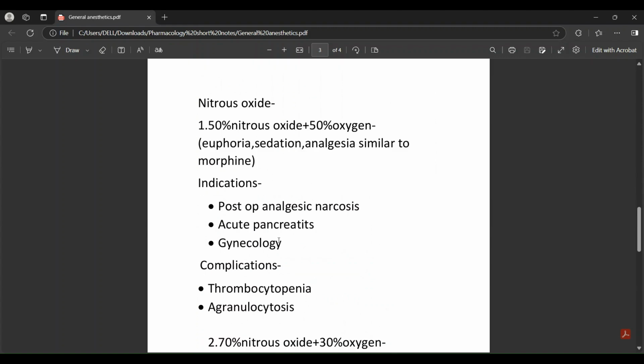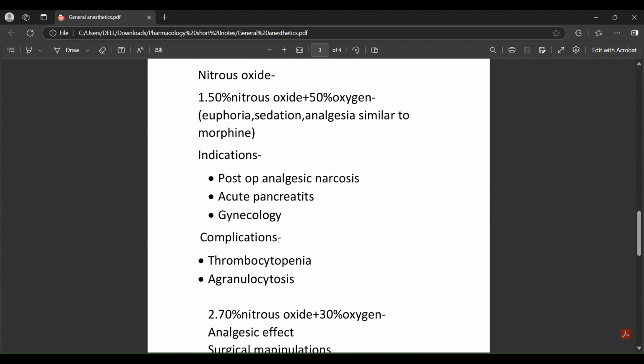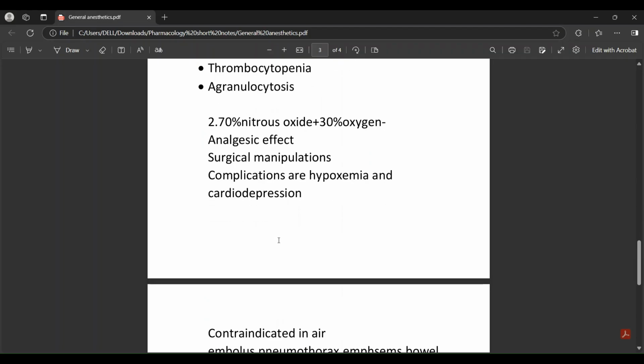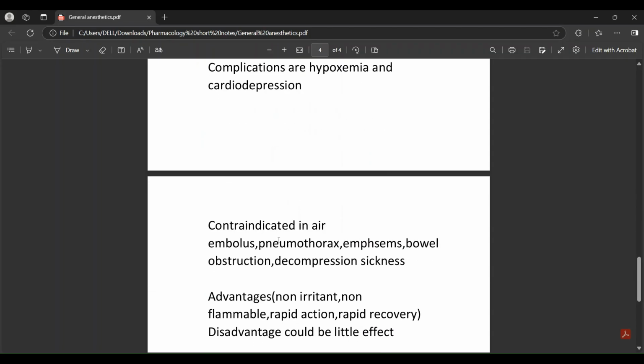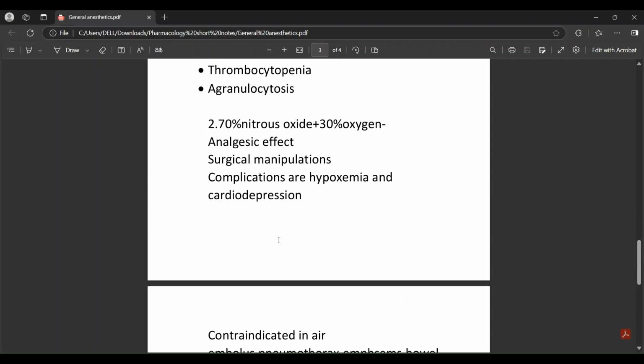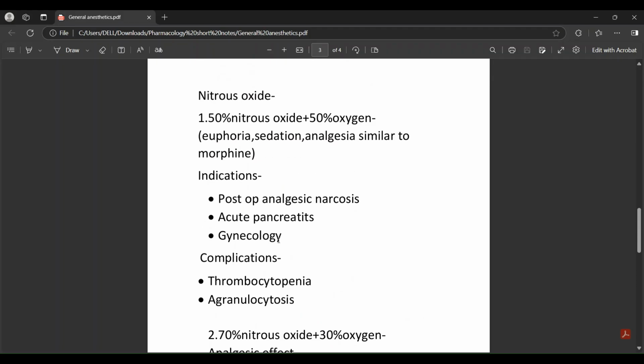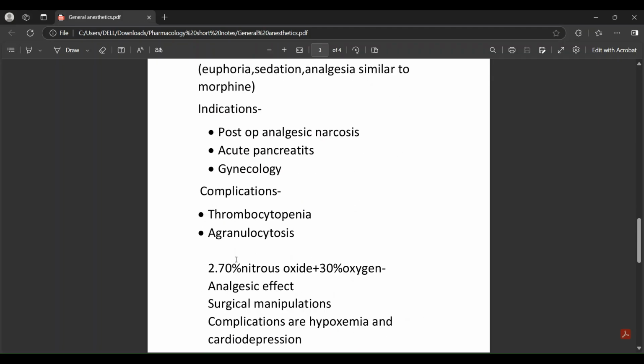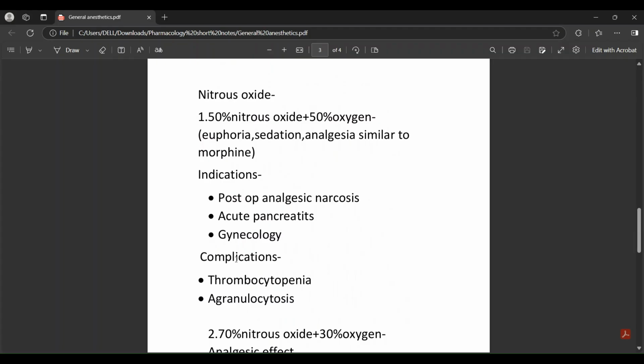When you're talking about general anesthetic, you have to know some anesthetics and their contraindications and advantages. Here I have mainly nitrous oxide. There are two kinds of mixture that we could use: 50% nitrous oxide and 50% oxygen, and 70% nitrous oxide and 30% oxygen.